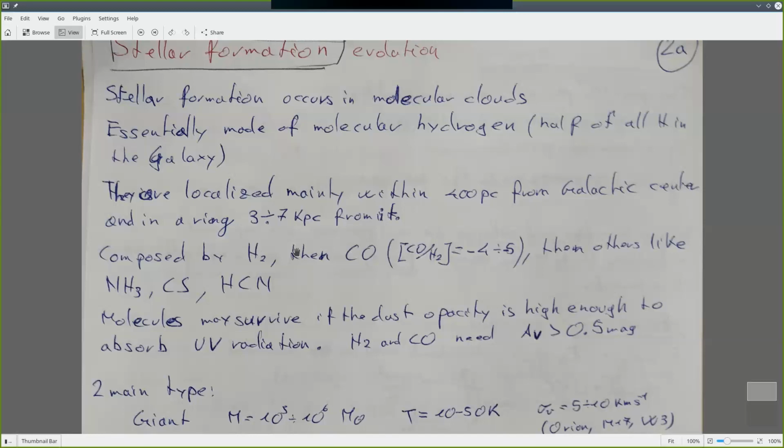Molecular hydrogen is composed of molecular hydrogen, but not only. There is also some carbon monoxide, where the relative abundance is just 10 to the minus 4, 10 to the minus 5, and other molecules like ammonium, carbon monosulfide, and cyanide.